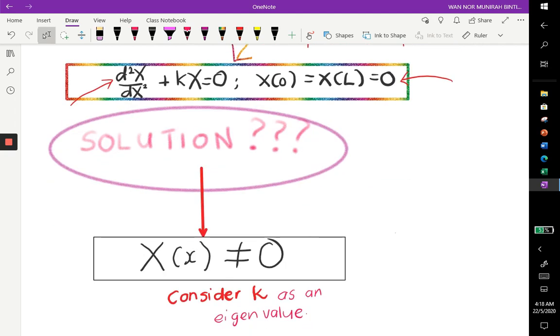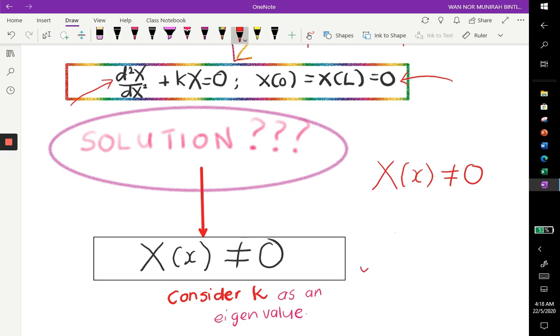The solution that we want to find is X. If you have d square y dx square, at the end of your calculation, we want to find the solution of y as a function of x. The same thing here: the capital X is your solution, a function of small x. And the solution that we are interested in here is the non-zero solution.